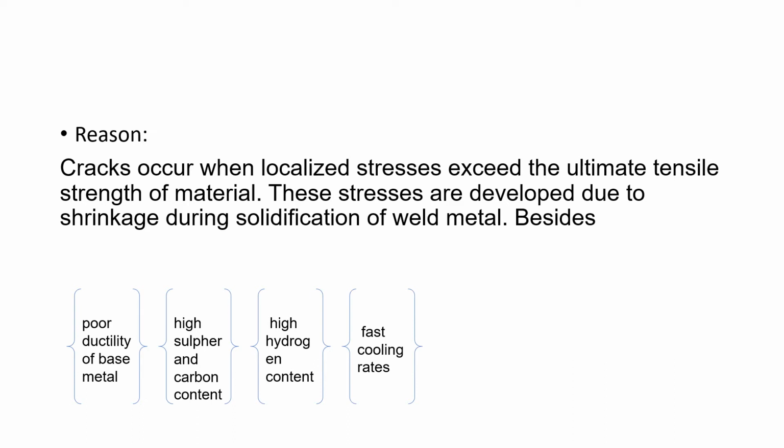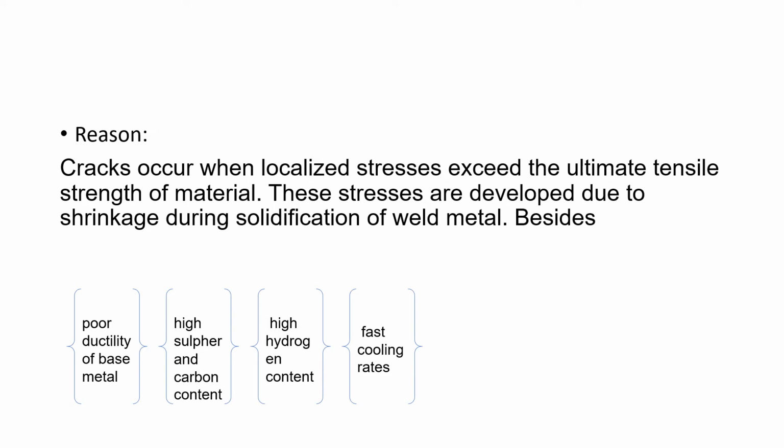Those are poor ductility of base metal, and high sulfur and carbon content can enhance the crack. Then high hydrogen content also fosters the crack. Then if the cooling rate is very fast, a crack can also occur due to the temperature gradient between the core of the weld and the surface of the weld.